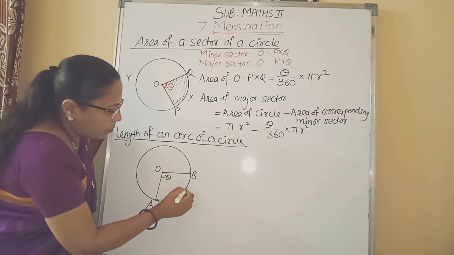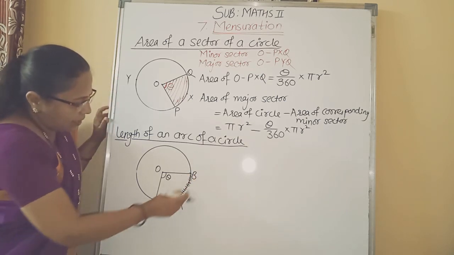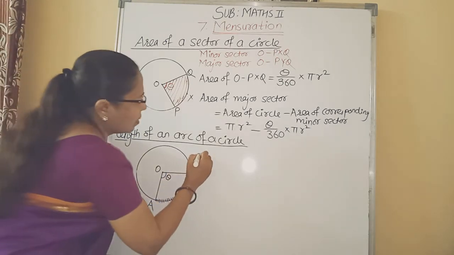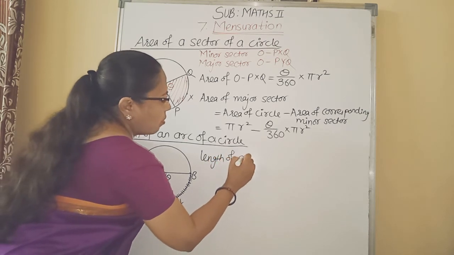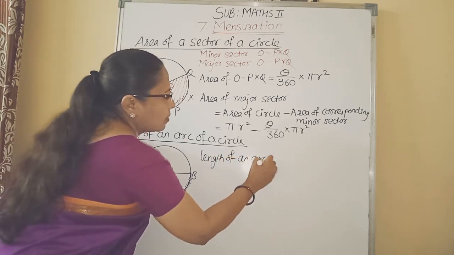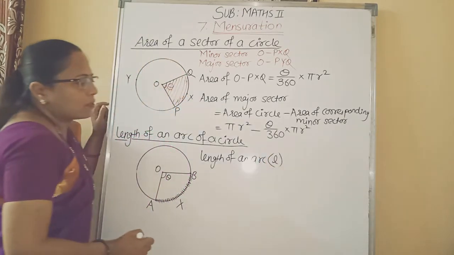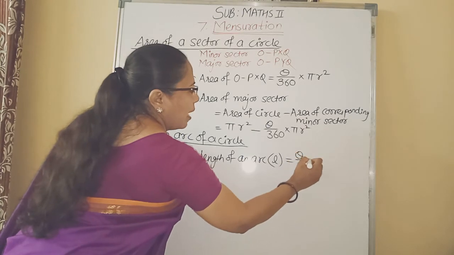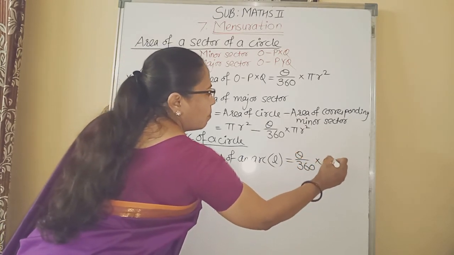See, this shaded portion is the minor arc. So we can find out the length of this minor arc. Length of an arc is denoted by letter L, small letter L, equal to theta upon 360 into 2 pi r.